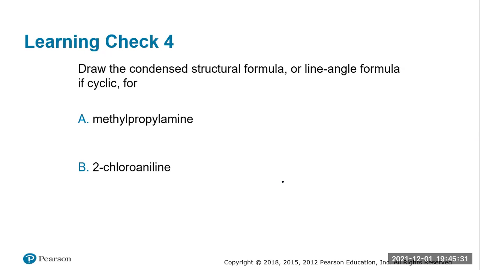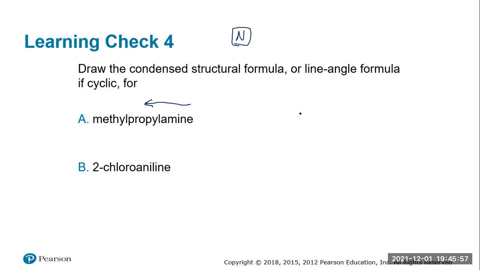So if we wanted to draw the condensed structural forms and the line structure, if it's cyclic, for each of these, we would do the same thing that we've done before. Remember, when we have the name, we want to roll backwards in it. So methylpropylamine, when we see the amine, we know that basically that is a nitrogen group, could have some hydrogens or not.